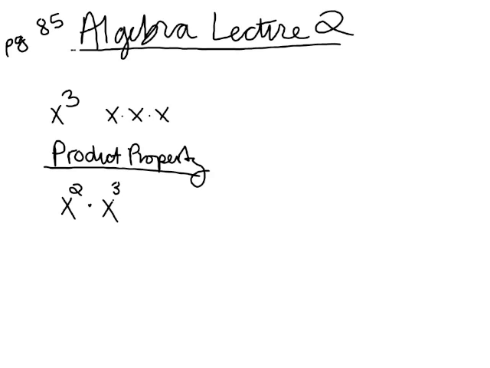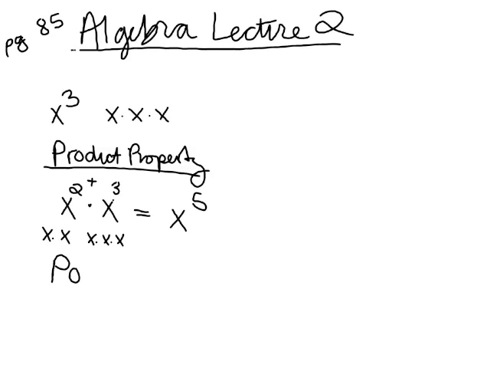They're both x, so my answer is still an x. And how many x's did I have? This is really 2 x's and 3 x's, right? So I have how many total? 5. So the product property tells me that I add my 2 exponents together, 2 plus 3, 5.